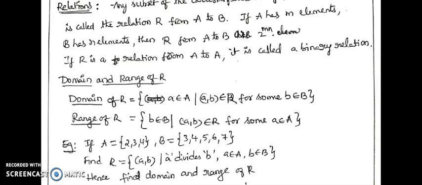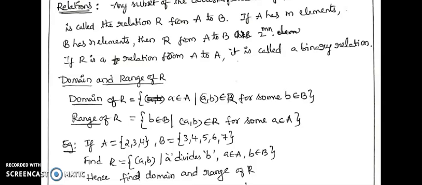Similarly, the range of the relation is defined as the collection of elements b belonging to the set B such that (a, b) belongs to R for some a belonging to A. If (a, b) belongs to R, the set of all the elements b is called the range set for the relation R.